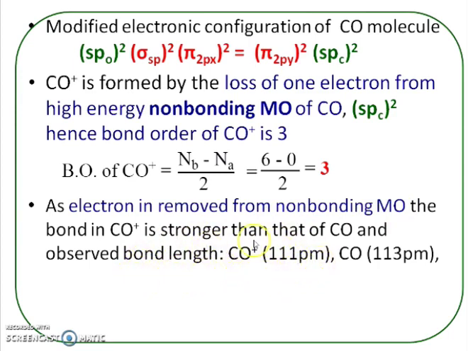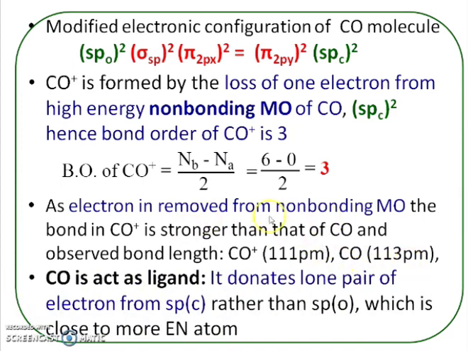Therefore the observed bond length for CO plus is 111 picometer, and for carbon monoxide it is 113 picometer. In this way the observed bond length of CO plus, that is 111 picometer, is explained on the basis of the modified molecular orbital diagram for carbon monoxide.